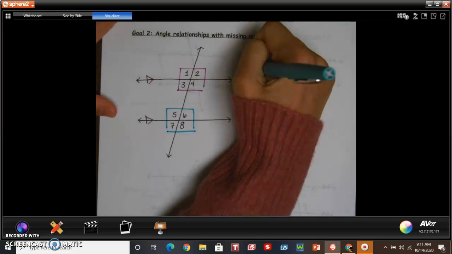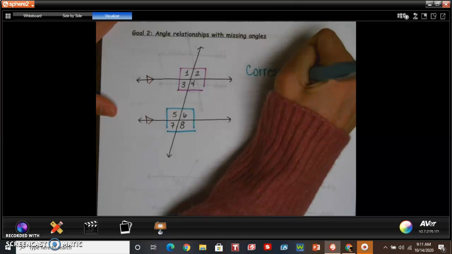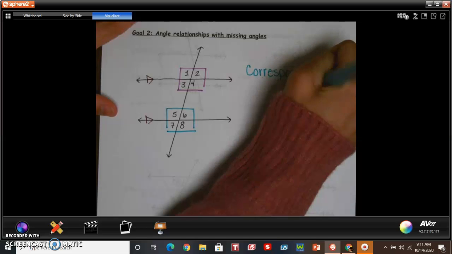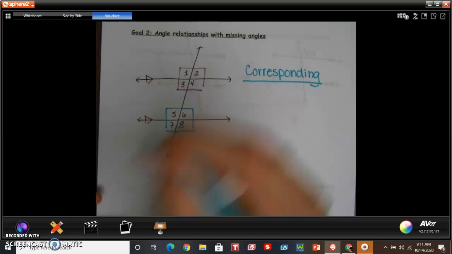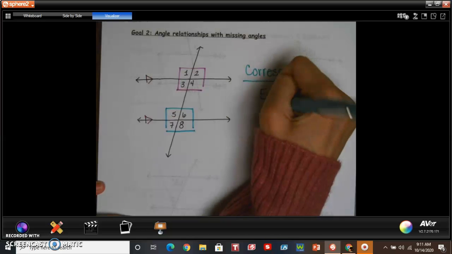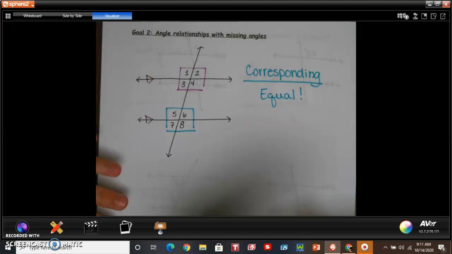So our first family we have is our corresponding angles. We already know that corresponding means they're in the same spot. But what happens with our corresponding angles when they're parallel? They end up being equal. Yay! Next we have our alternate interior.